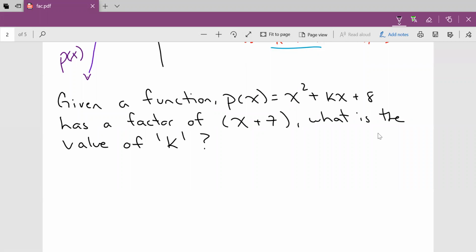Okay, so given a function P(x) is equal to x squared plus kx plus 8 has a factor of x plus 7. Oh, I'm going to change that to say x plus 8. What is the value of k?